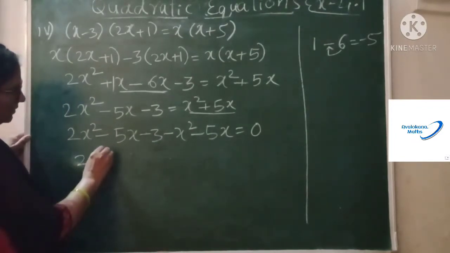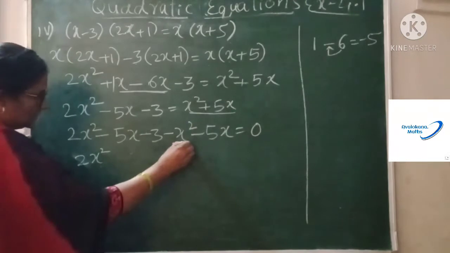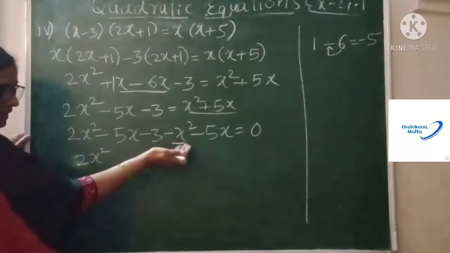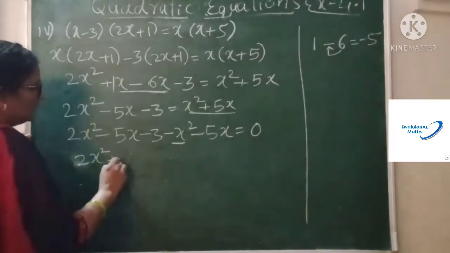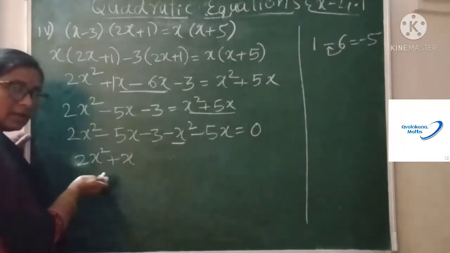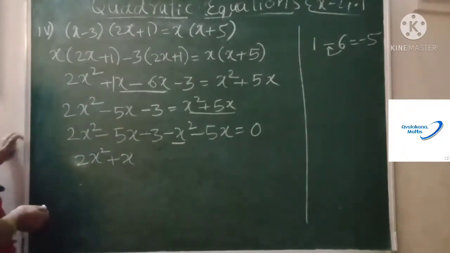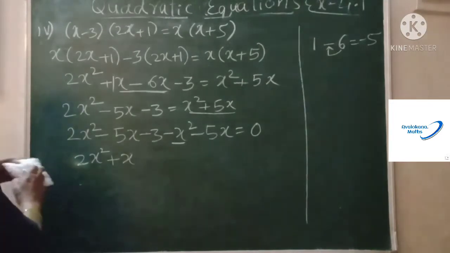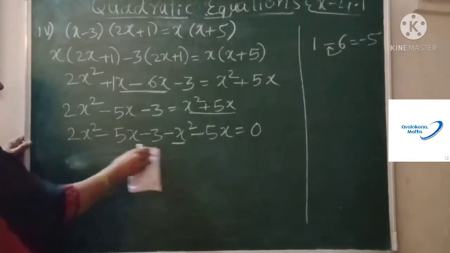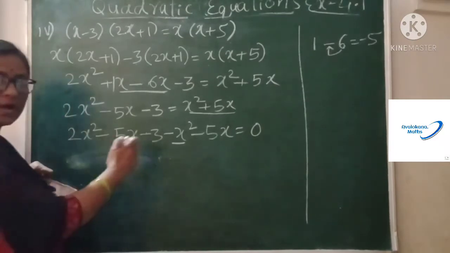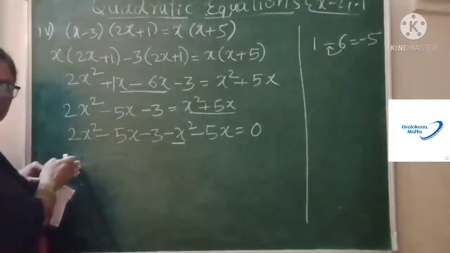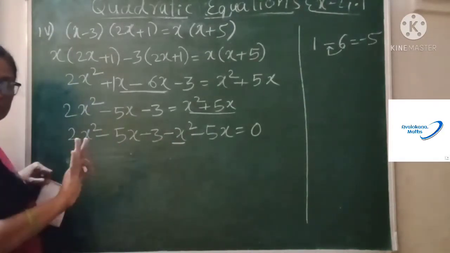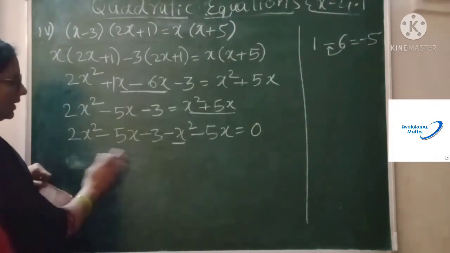Your 2x square minus x square, it will not become plus x square because you are arranging the terms. Most of the children I have seen, if they change the terms a little, they also change the sign. Children, don't do that, because you are not transferring from LHS to RHS or RHS to LHS. You are adjusting the terms of the same part, that is the LHS part, without changing any sign. Okay, you can write that.